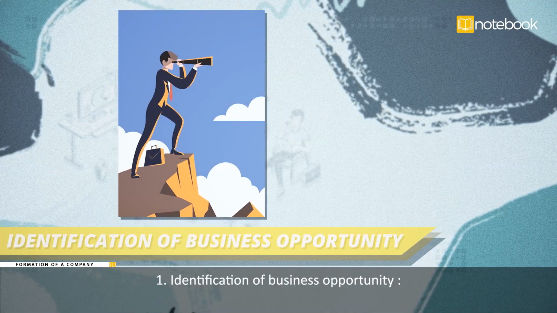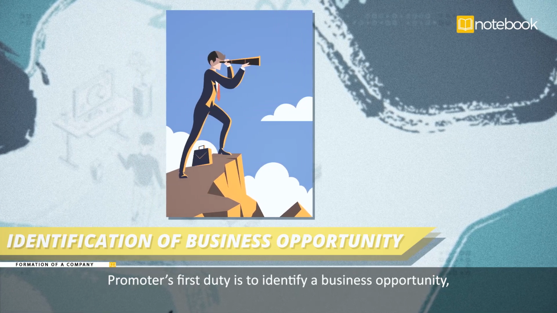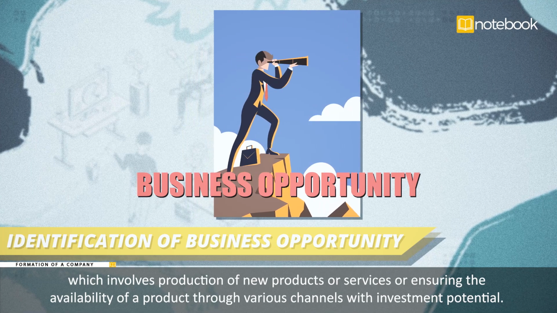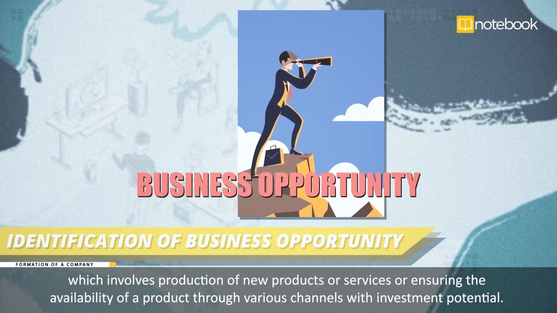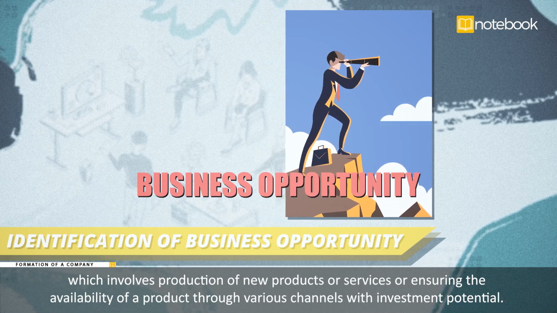Identification of business opportunity. Promoters' first duty is to identify a business opportunity, which involves production of new products or services or ensuring the availability of a product through various channels with investment potential.